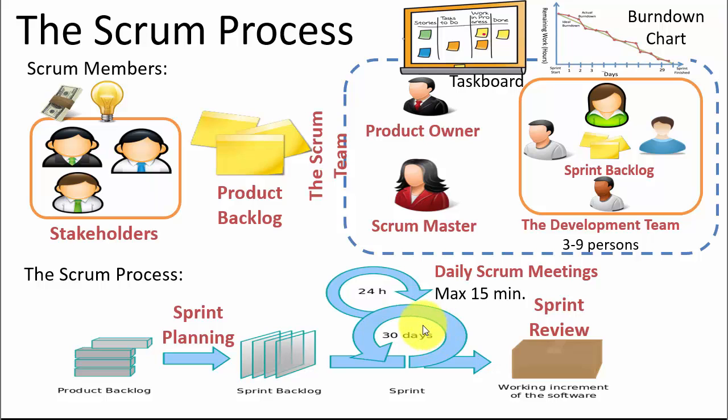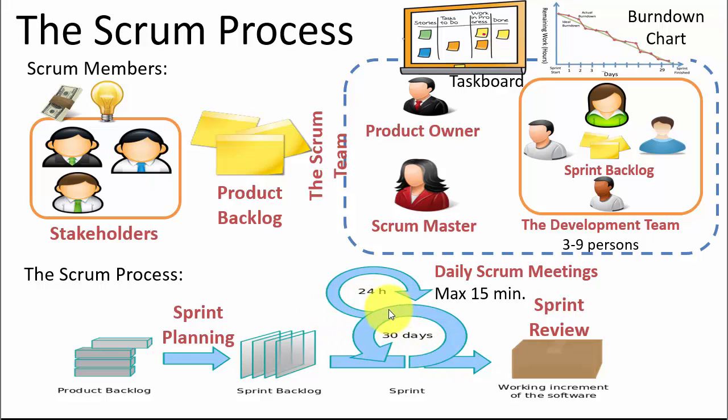So in each sprint, they take some of the items in the product backlog and put them in the so-called sprint backlog. And these are work items that they shall do in that specific sprint or iteration. And then they work with these items in the sprint or in the iteration.